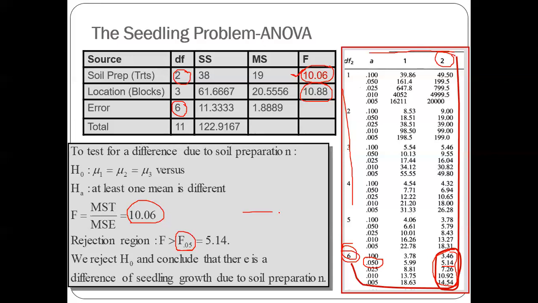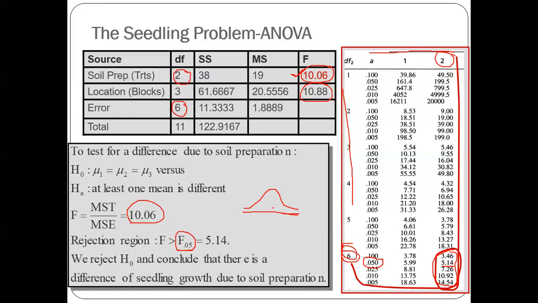Okay, and if you try to draw the graph, although in the graph actually we do not refer to F, usually we are going to refer to the Z value.